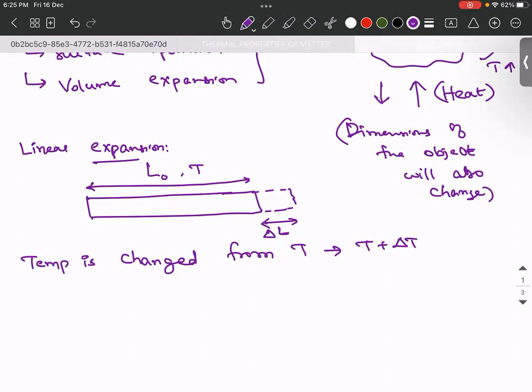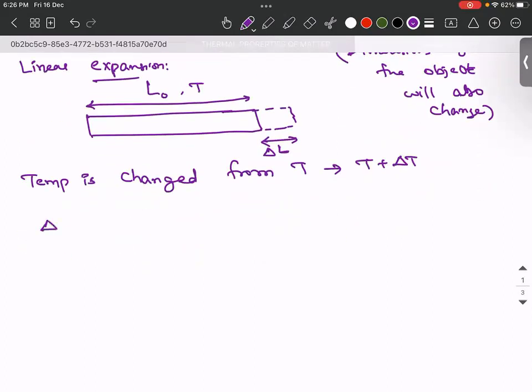Okay. So that delta L is basically final length minus initial length. Okay. And what is observed is delta L.